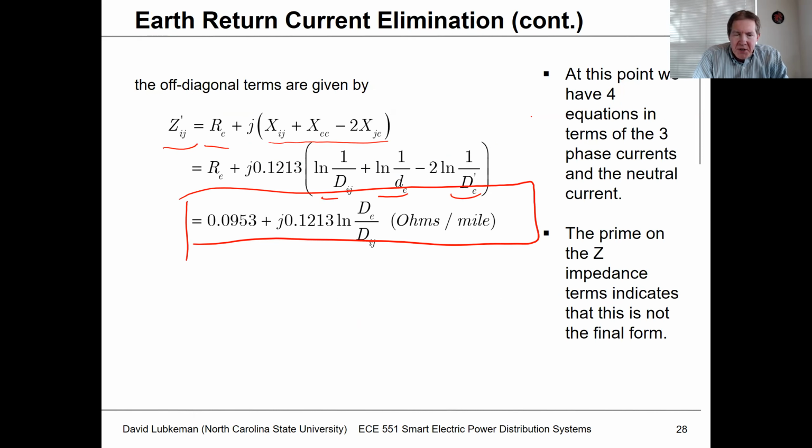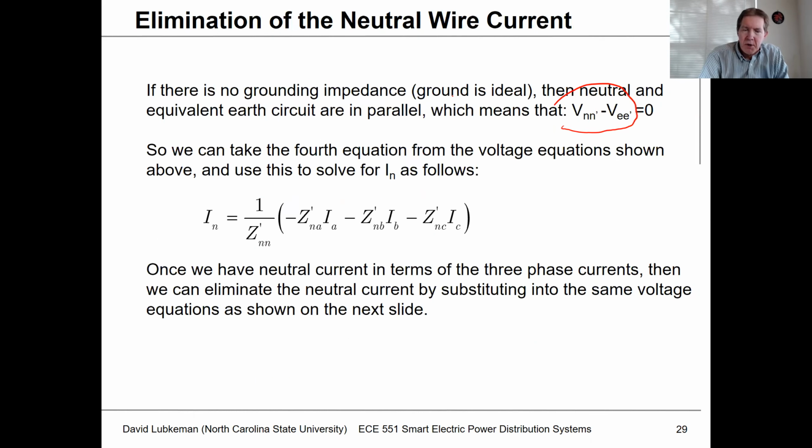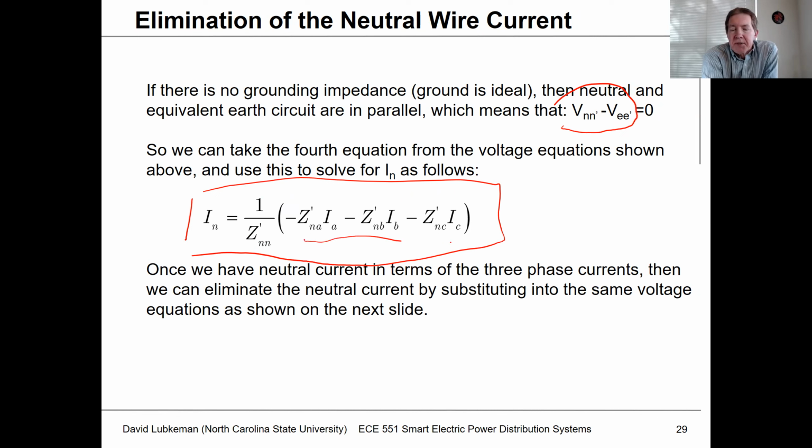So if you go back up to here, if this term right here is 0, you can solve for IN. You can substitute back in here and eliminate IN as a variable. So IN is going to be this 1 over ZNN prime term times these different voltage drops. And if you make that substitution, then we actually get a 3-by-3 relationship.